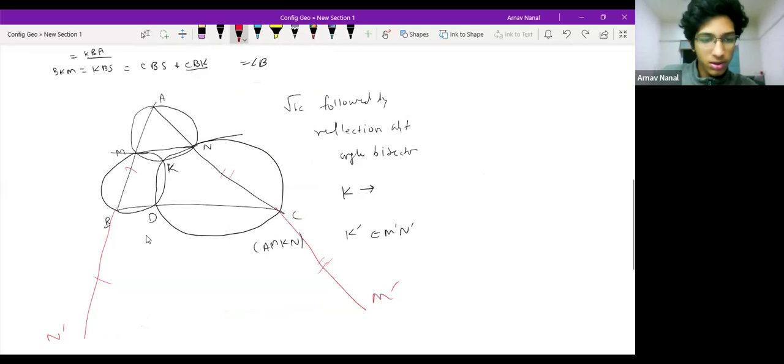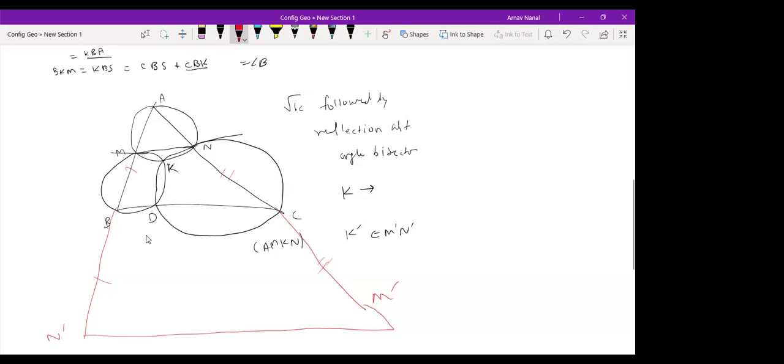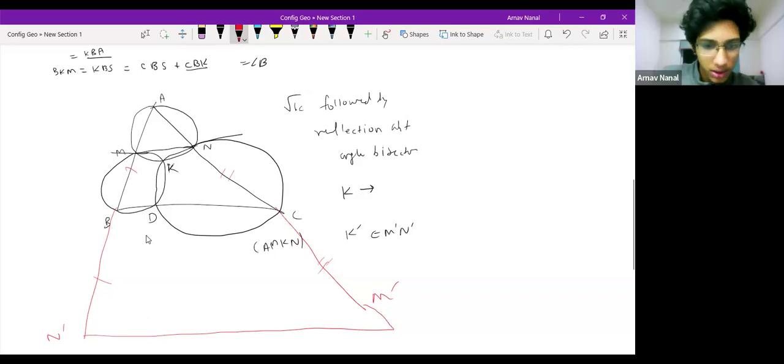Yeah, okay, nice. So this is parallel to BC. And what is the other locus? It will just be the midpoint of M dash and N dash. Yes, that's true, because you know that AK is the symedian.